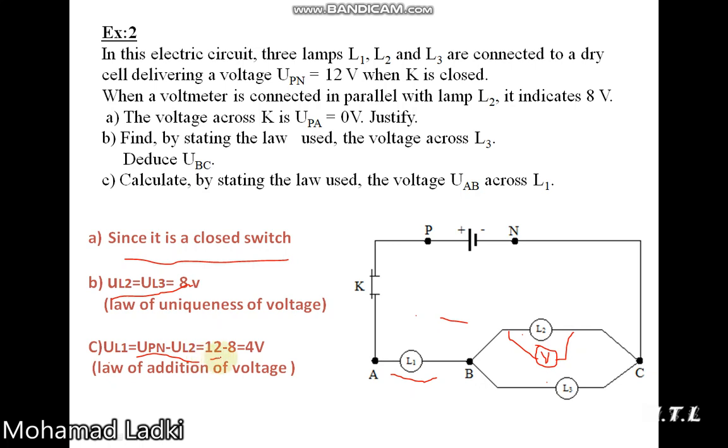So 12 volts of the battery minus 8, you will get 4 volts. So L1 takes 4, the battery takes 12, and L2 takes 8. 12 minus 8 gives us 4 volts. Law of addition of voltage.